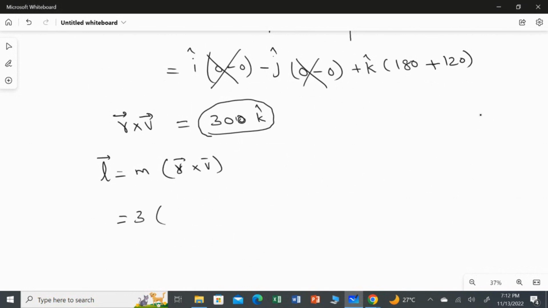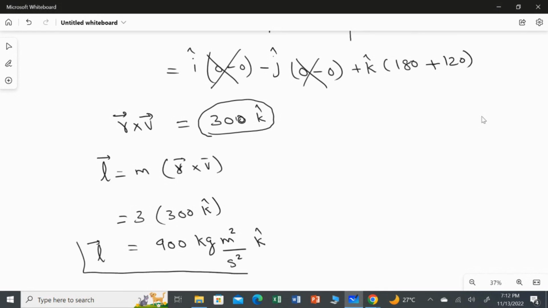So 3 multiplied by 300 k cap will give you the answer 900, but the unit is very important. What is the unit for the mass? The unit for the mass is kilogram, right? And then the unit for r is meter, and speed has meter per second. So kilogram meter square over second square, and the most important thing, it's k cap. Clear? So this is the answer for the first question, right?